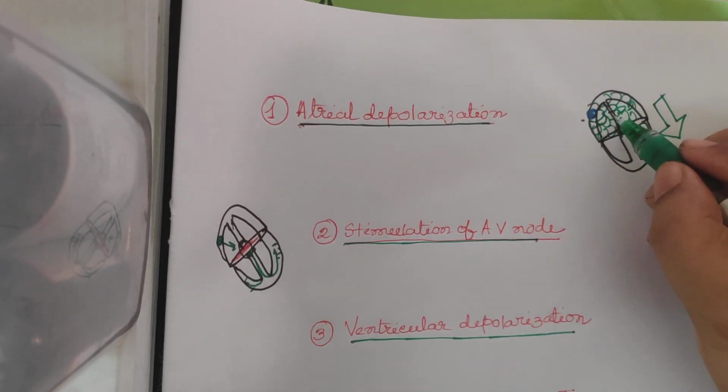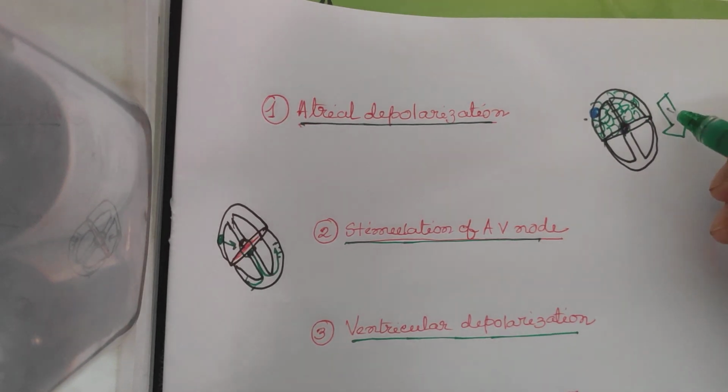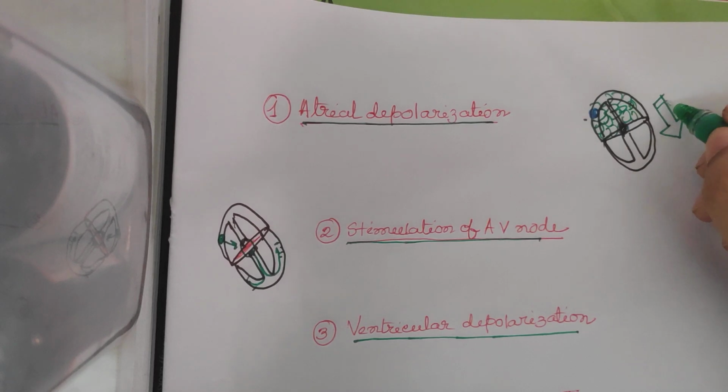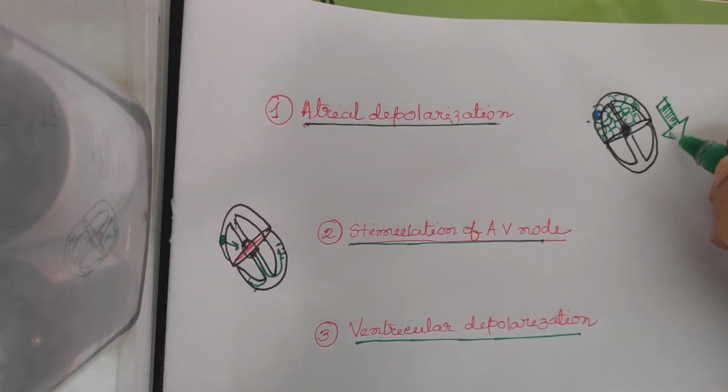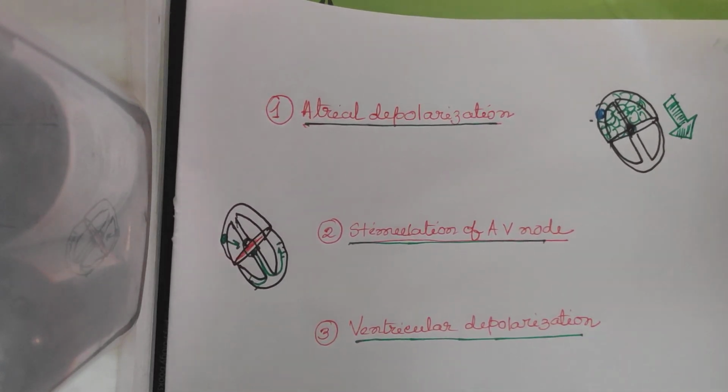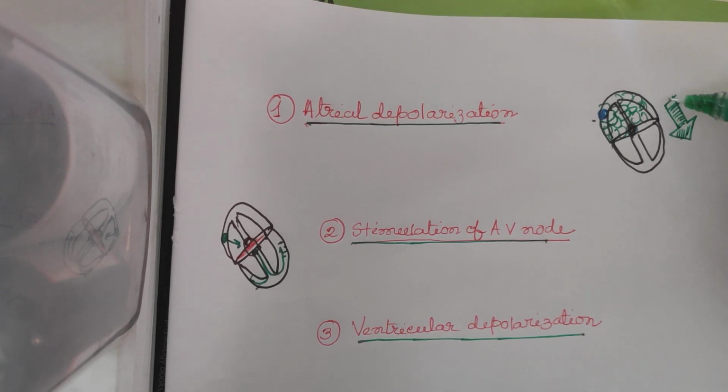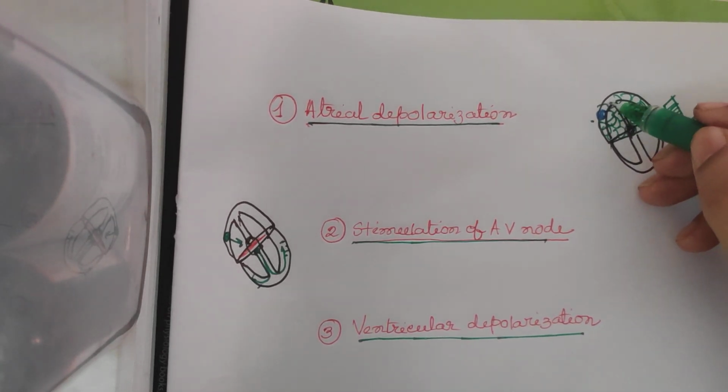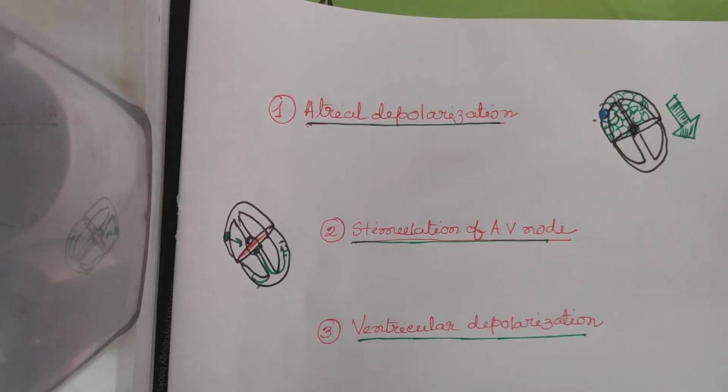Many electrical activities are added up, summated, and ultimately we get a single electrical vector whose direction is downward and to the left. And what about the force? The length of the vector indicates the force. As atrial tissue is thinner compared to ventricular tissue, the vector length will be less.